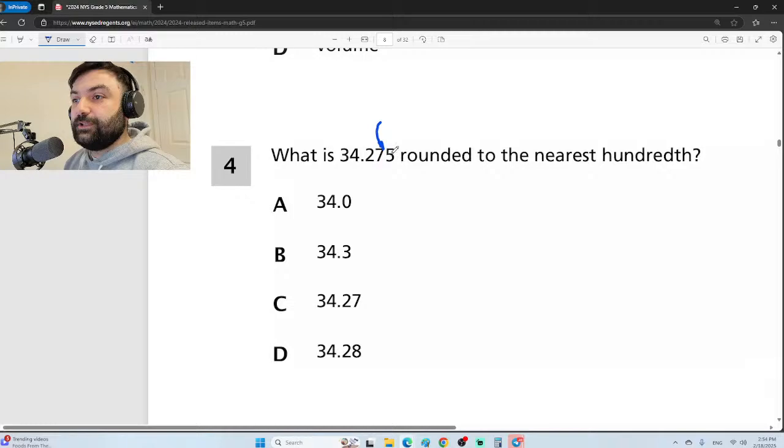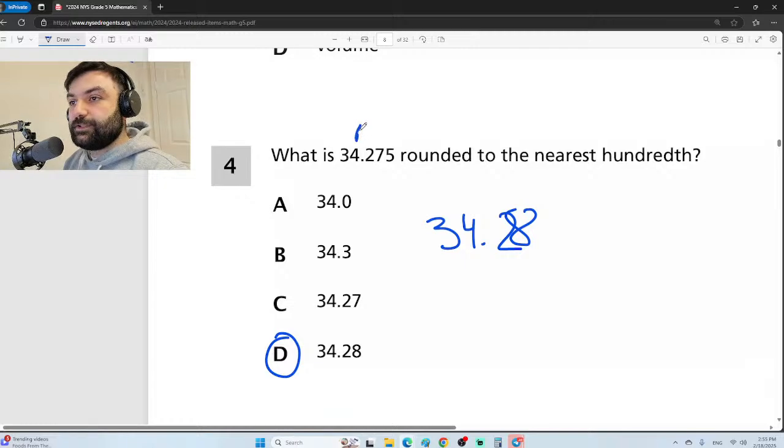So rounded to the nearest hundred, we have to look at the next number, which is after the 7. So it's 5. So 5 will make our 7 into an 8. So our answer will have to be 34.28, which is D. So maybe you can even write it down for yourself.